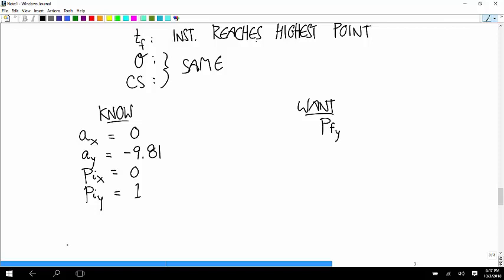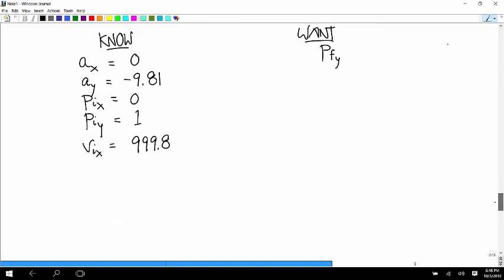PFX doesn't go anywhere because if we don't find that, that's all right. We're not looking for that. The initial velocity is the same as it was before. So 999.8 is the x component. And the y component is 17.45.